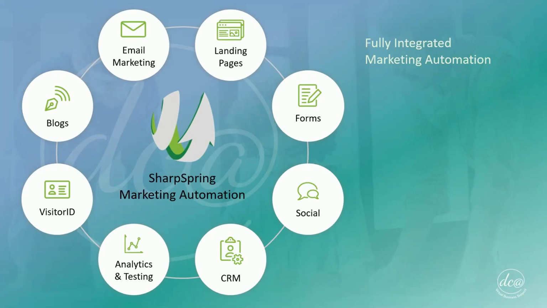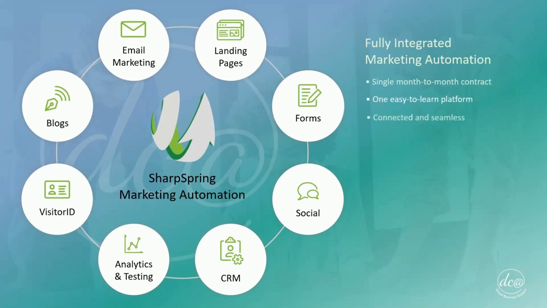We have the ability to post blogs directly for you, as well as do email marketing, drip campaigns, workflows connected to the landing pages, as well as smart emails. That could be something that you send out every time you meet somebody at a networking event. So that's kind of what a smart email is.